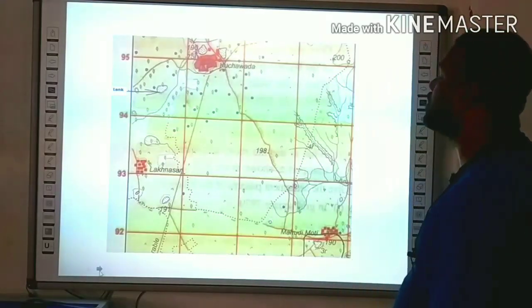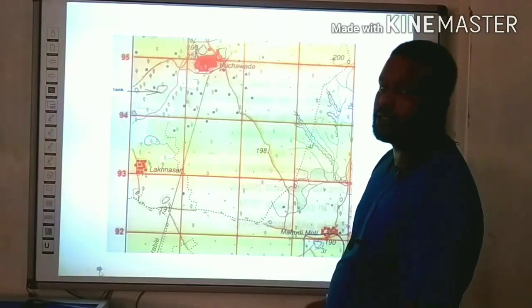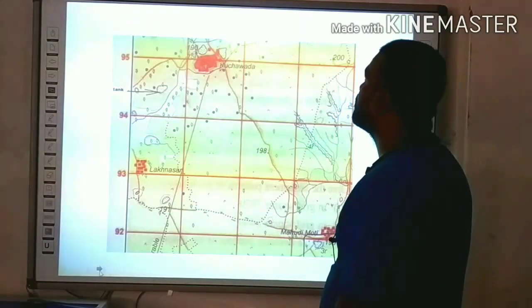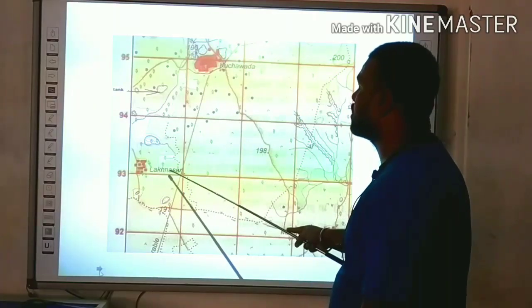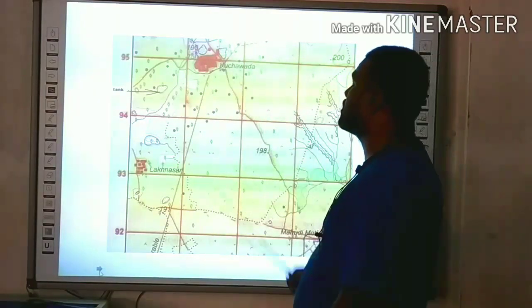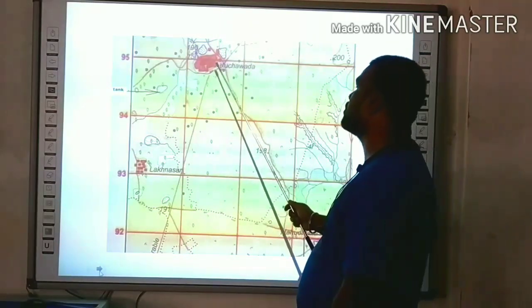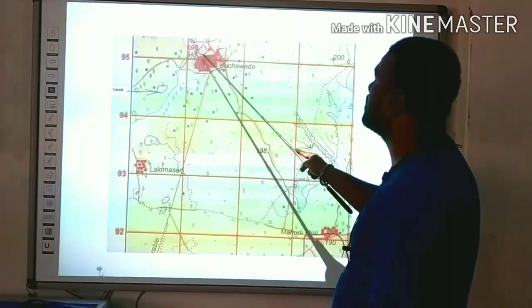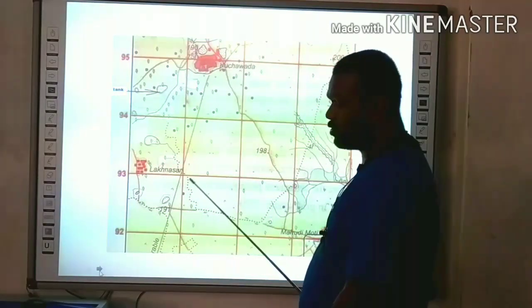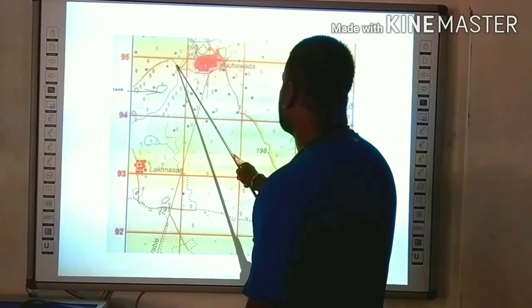Say I ask you a question: find out the direction of Lakhanwar settlement from Kuchawara settlement. Now what will we do? In Kuchawara, you will draw the directions, those north, south, west and east, like I am drawing here.